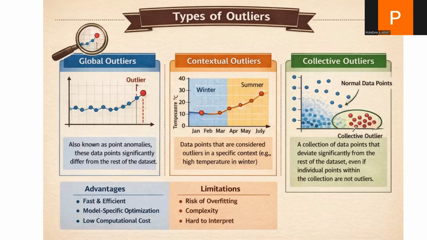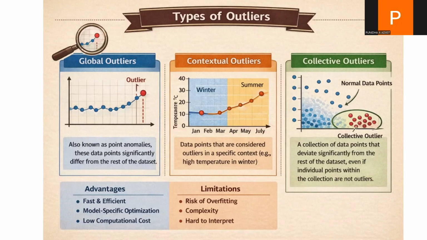Contextual outliers are data points that are considered outliers in a specific context. For example, a high temperature may be normal in summer but an outlier in winter. Collective outliers are a collection of data points that deviate significantly from the rest of the dataset, even if the individual points within the collection are not outliers.